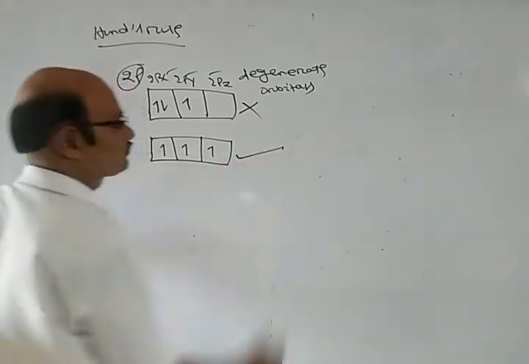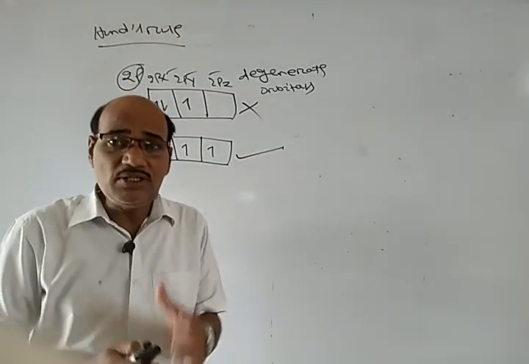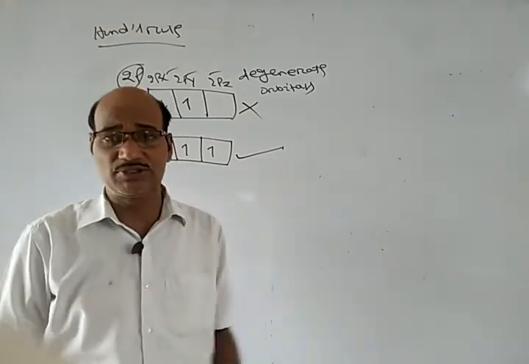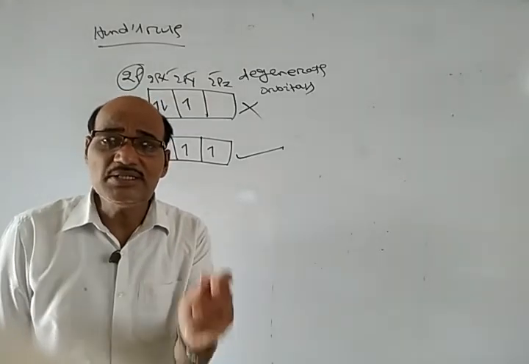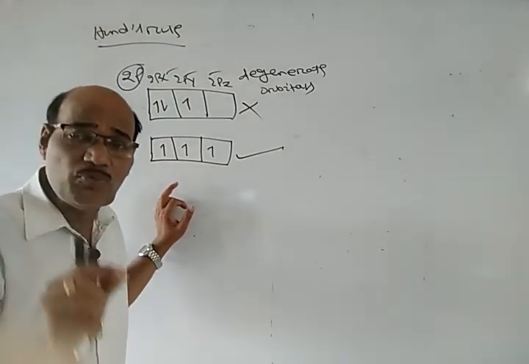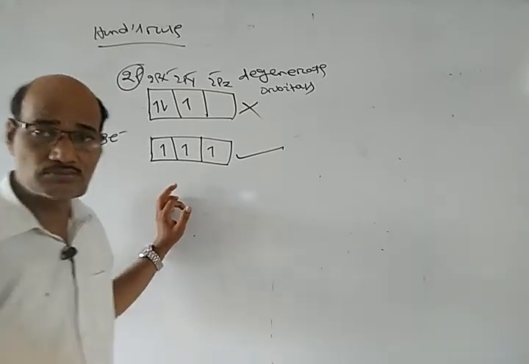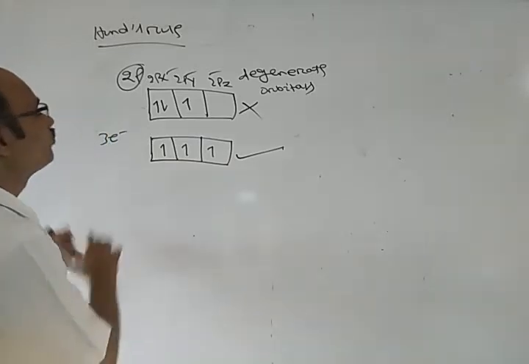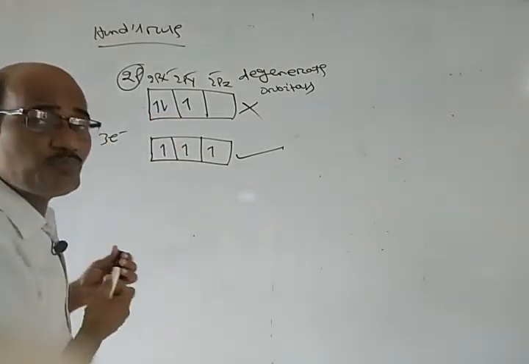This is the right one. That means when we are filling electrons in the p, d and f orbitals, which contain degenerate orbitals, we have to keep one electron in each orbital first. Then after that we fill up the rest of the electrons. Suppose I have 4 electrons.